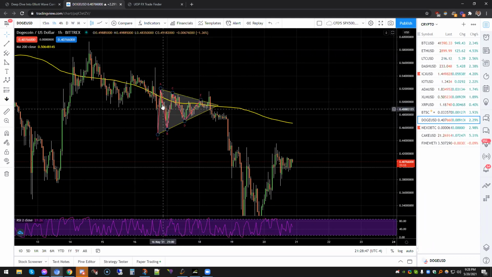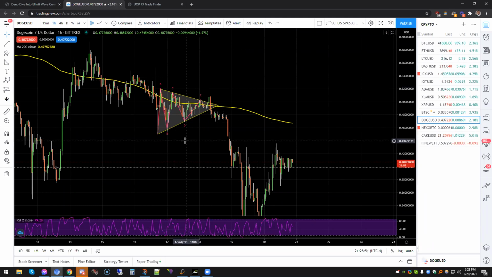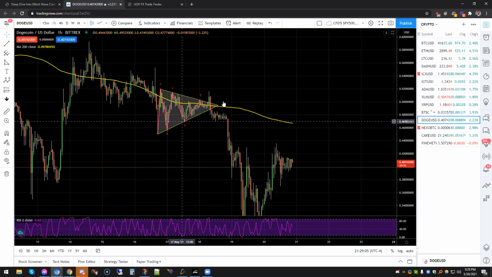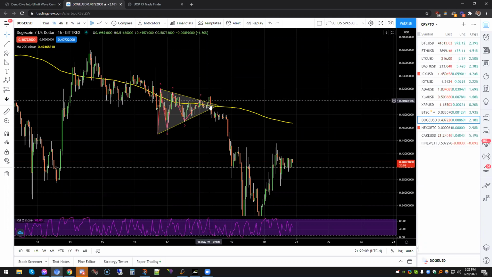So we've got A, B, C, D, E. This is basically 5 waves, but triangles are generally labeled A, B, C, D, E. We could label them as 1, 2, 3, 4, 5 as well, but typically it's labeled A, B, C, D, E.